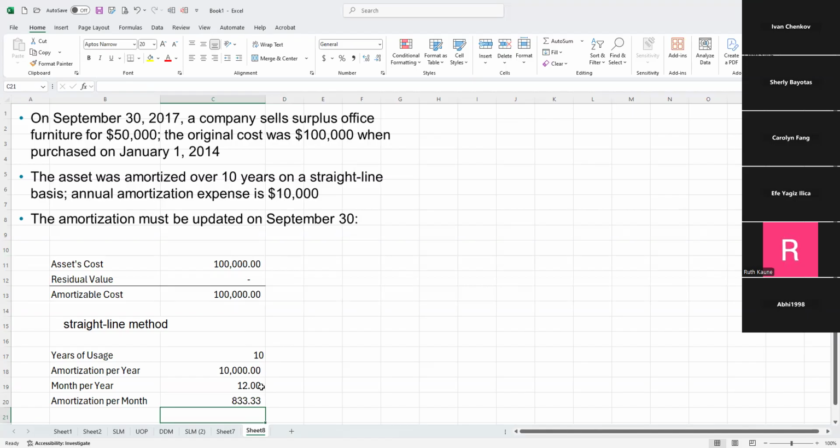So usually in these questions, amortization will be updated to December 31st. When is the year end? If we have our amortization schedule, how many years have already passed?